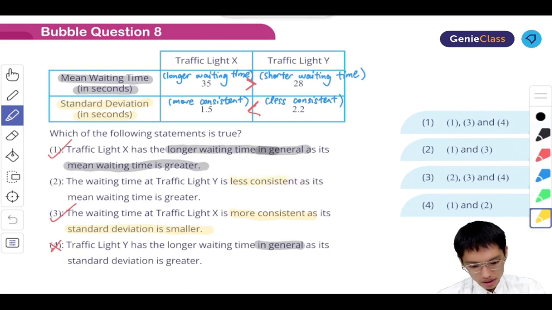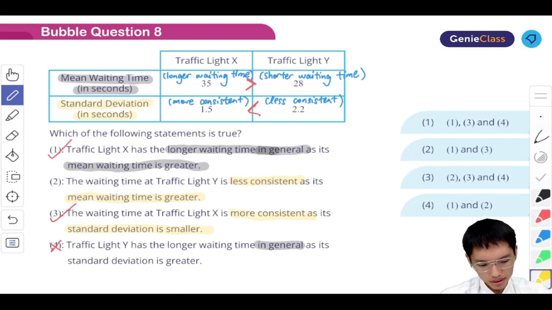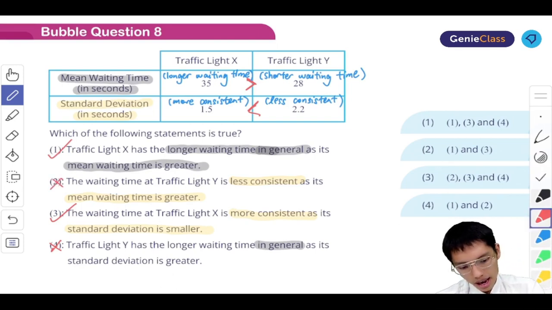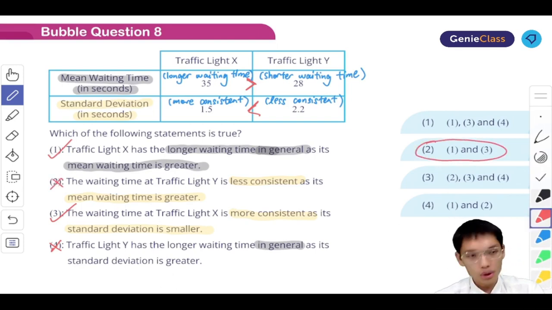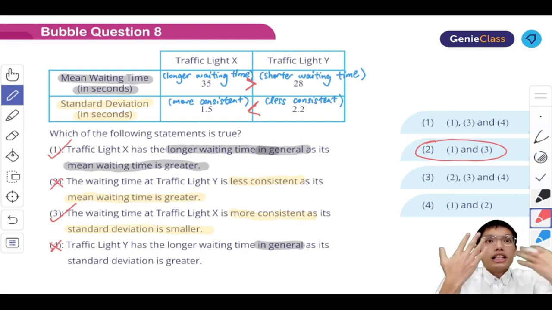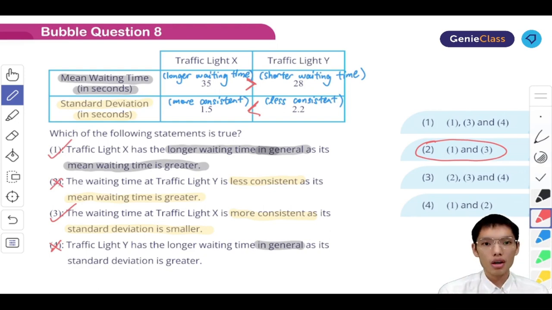Saying less consistent as the mean waiting time is greater is not a correct comparison, so that's why this is not correct. Hence, it's 1 and 3. So the moral of the story is that the mean usually compares in general, overall, what is bigger and what is smaller. And for standard deviation, we are comparing how consistent our data is. Okay? So with that, that's it for today.